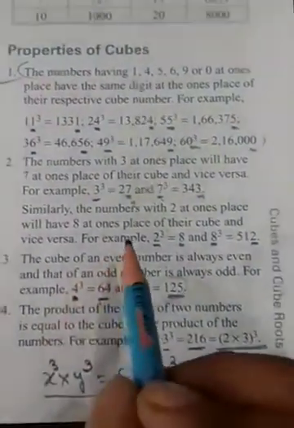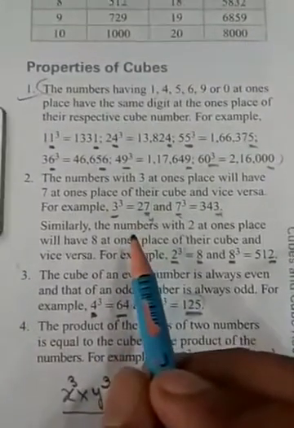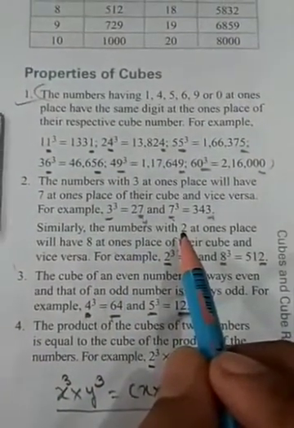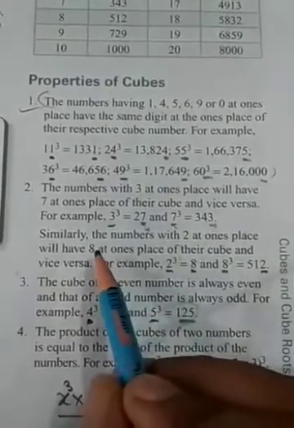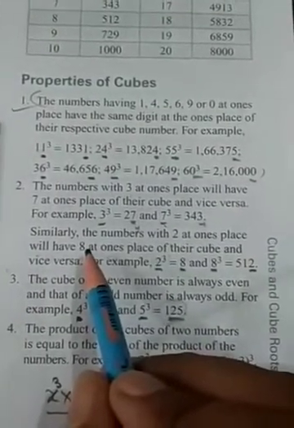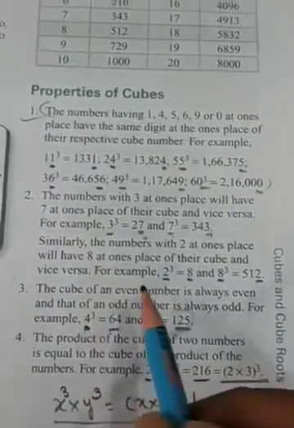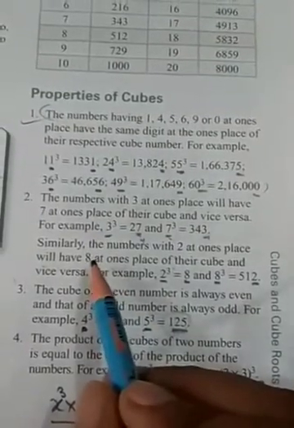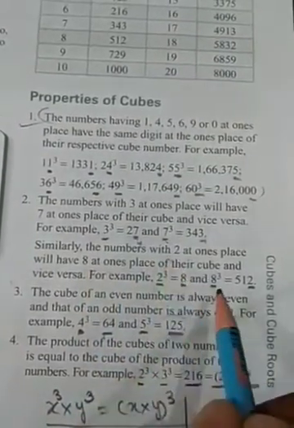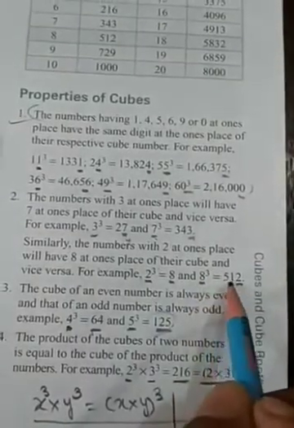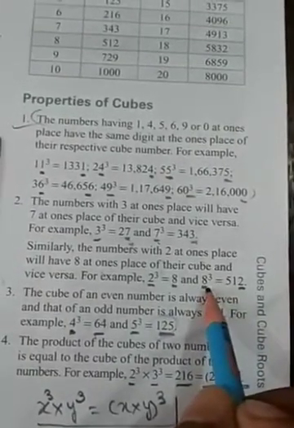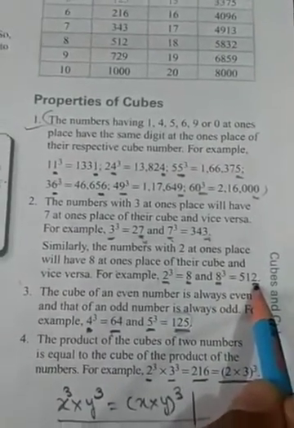Next property, in the same way, if the unit place of the number is 2, the ones place of the cube will be 8, and vice versa. Vice versa means opposite. If the unit place of the number is 8, the unit place of the cube will be 2, like this. 8 cube is equal to 512. You can see here 8 is at ones place and here the ones place is 2.